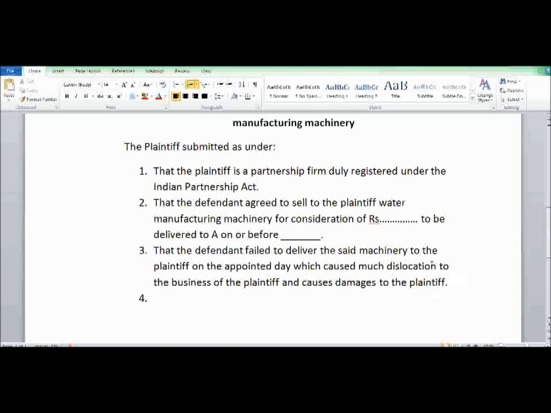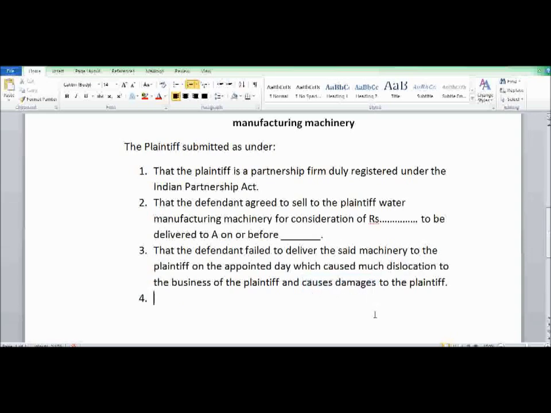In the third point we have just said that the defendant had failed to deliver the machinery, and he also knows the date on which he agreed to deliver but he didn't, and also that he causes damages to the plaintiff.